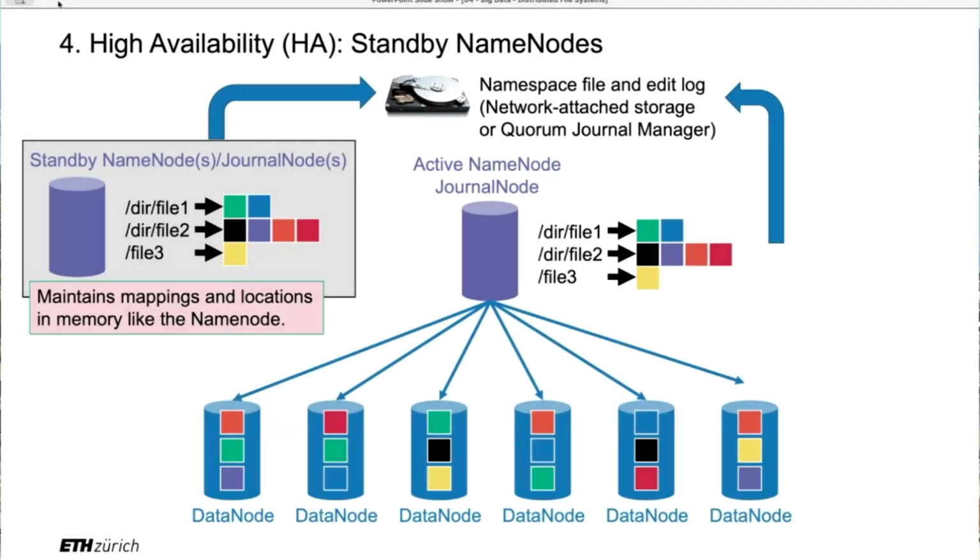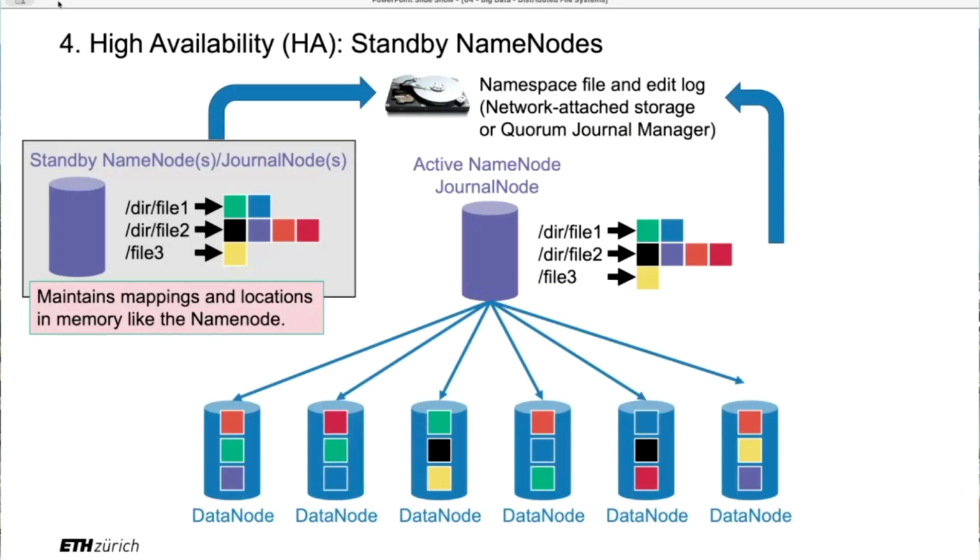And since they follow the modifications of the file namespace and the mappings to the blocks and so on, they are always up to date with this. So it's almost instant. The name node fails, another standby name node just takes over and it continues, right? For whom does that make sense? Right? Okay. You can have several of these.